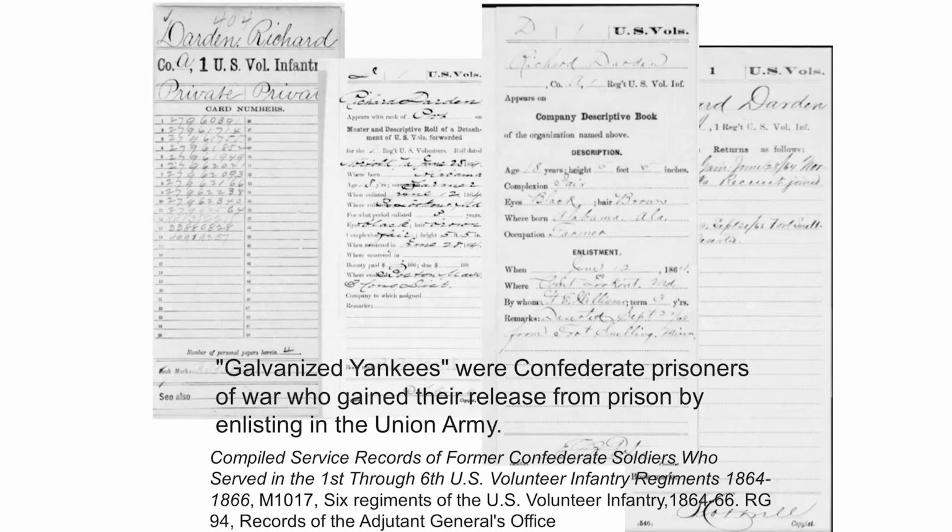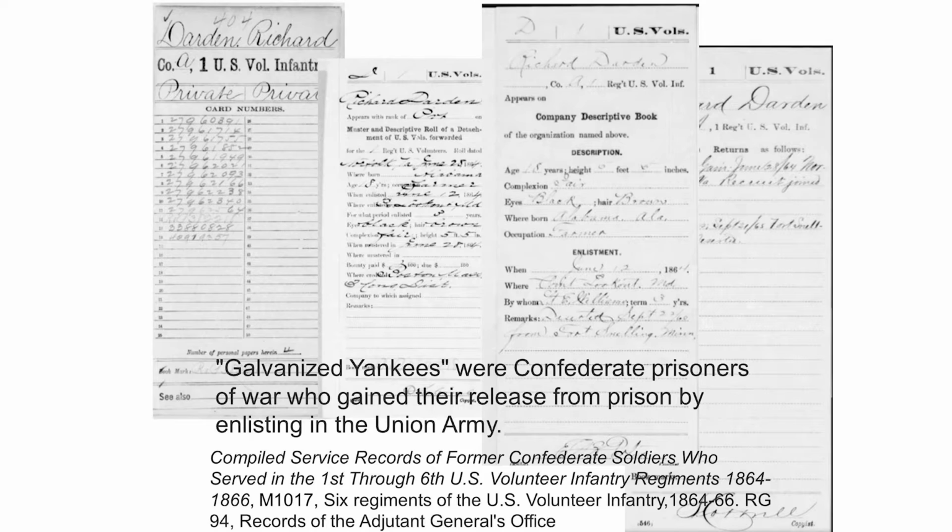I do want to remind you of one group that are called Galvanized Yankees. The Galvanized Yankees were Confederate prisoners of war, POWs, who gained their release from prison by enlisting in the Union Army. Okay? And those are found in the 1st through the 6th Volunteer Infantry Regiments. And if you want the film number, part of them are online, but it's M1017 is the National Archives film number.